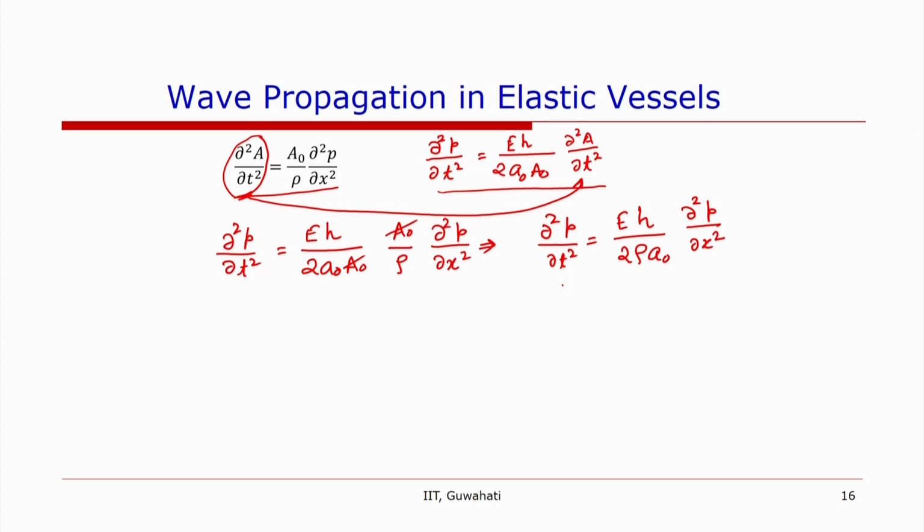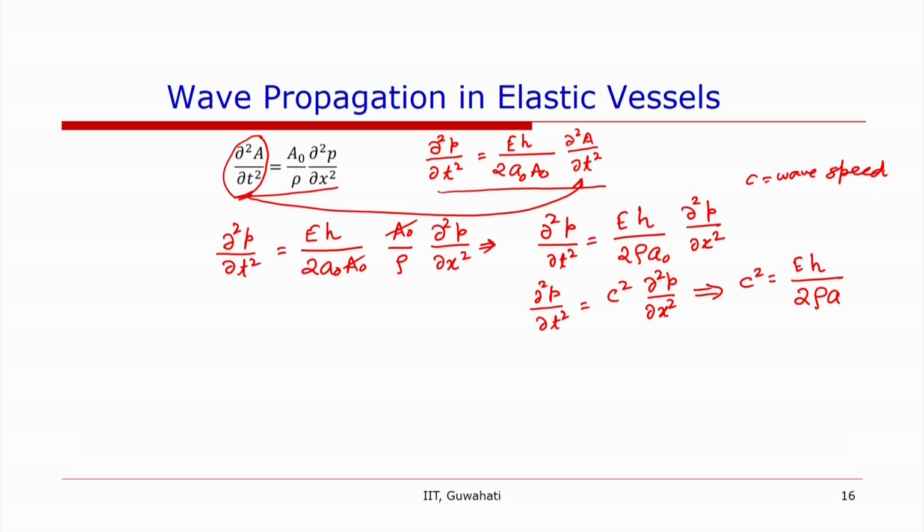If we compare this with the standard wave equation, del 2P over del T2 is equal to C square del 2P over del x2, from that we will have C square is equal to EH over 2 rho A naught, where C is equal to pulse speed or the wave speed.